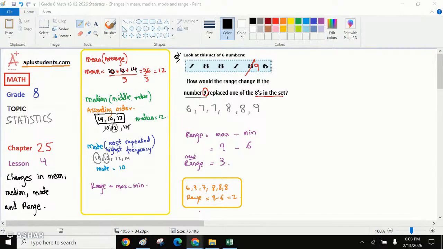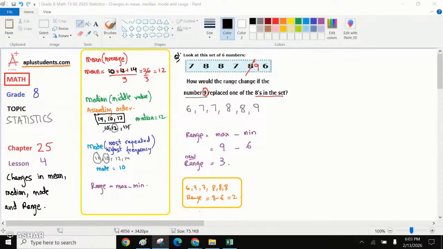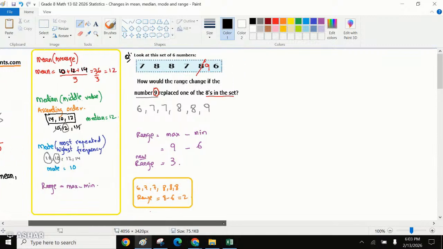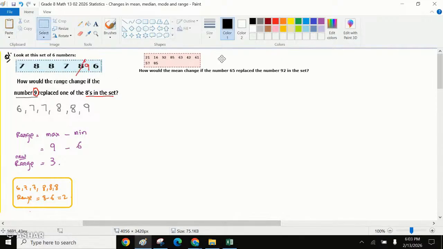In the next question, it says there are 9 numbers given to us, and we replace one of the numbers. For question number 2, they're telling us we have 9 numbers.